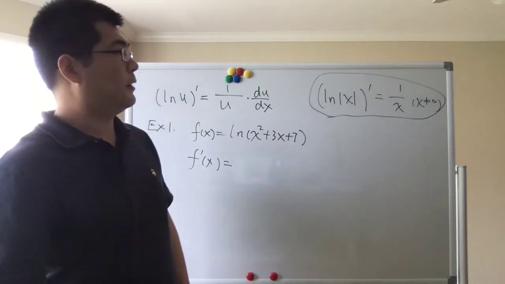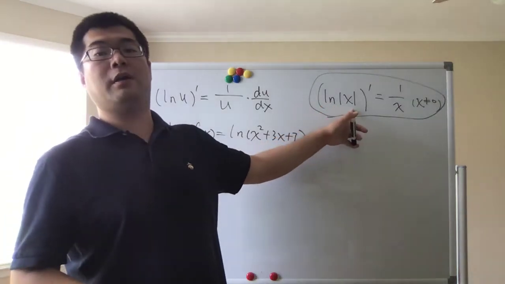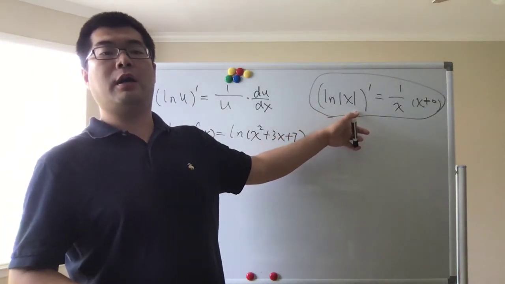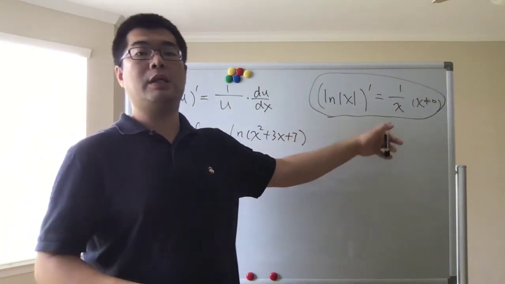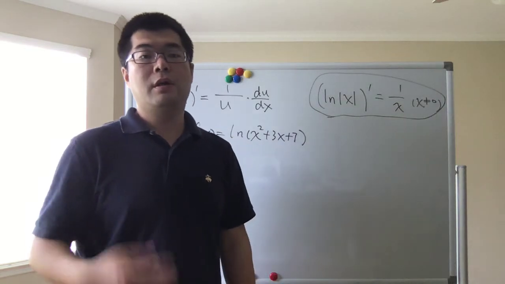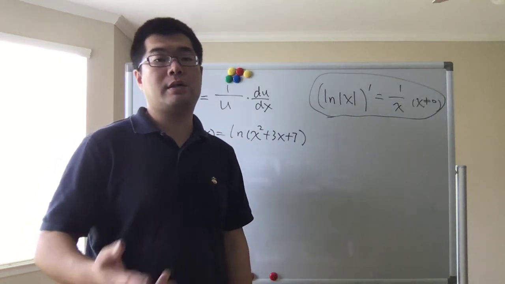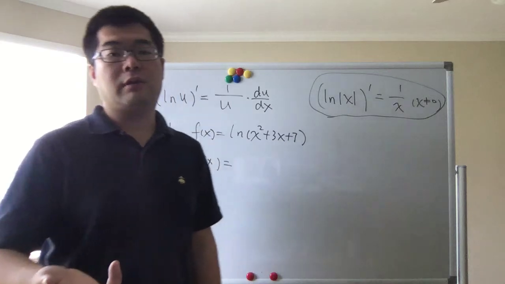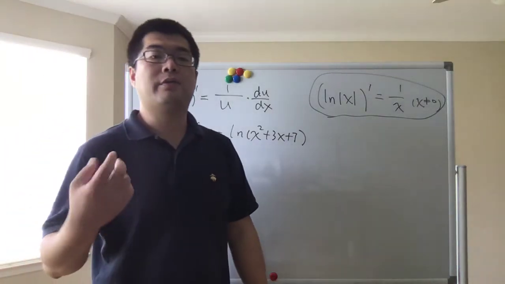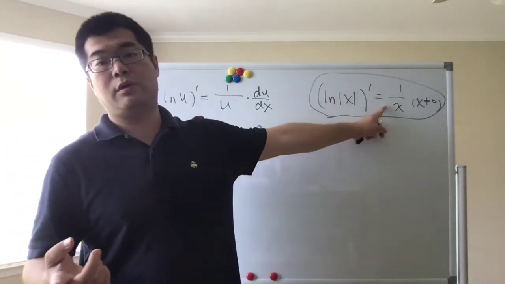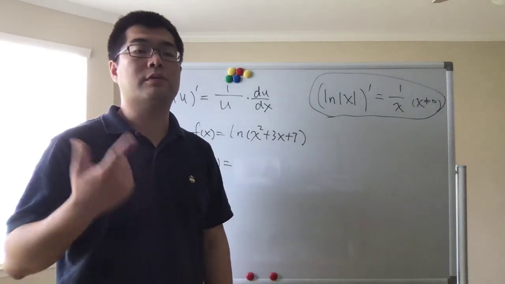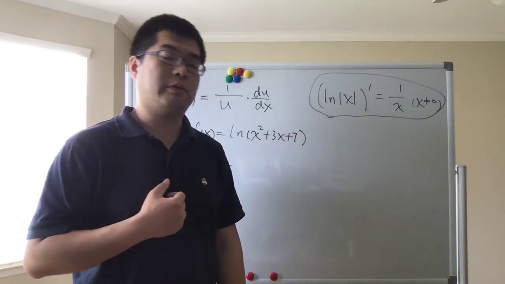And the derivative of ln of the absolute value of x is going to equal 1 over x, okay? So in fact, you can discuss when x is positive and when x is negative, and it turns out that the answer is all 1 over x, okay? So this is one result we can tell.